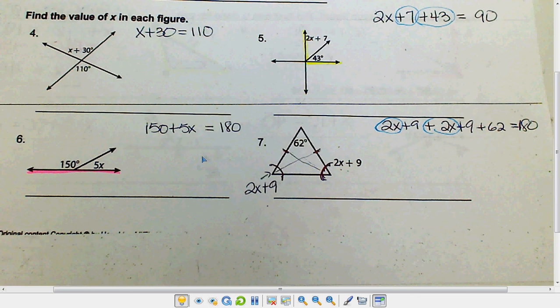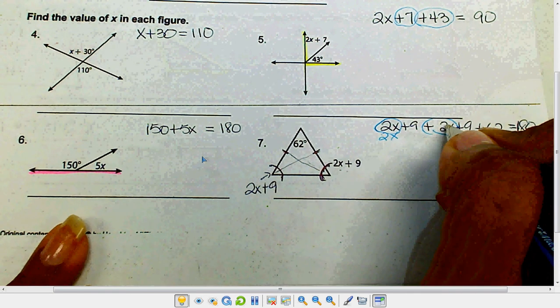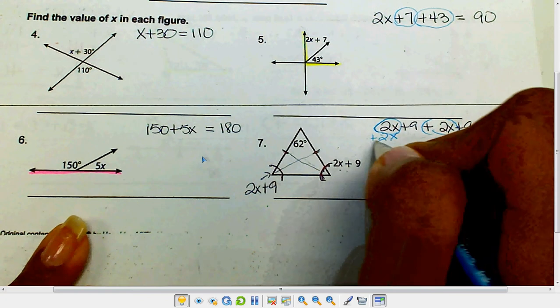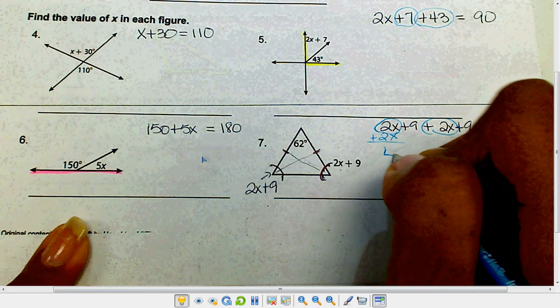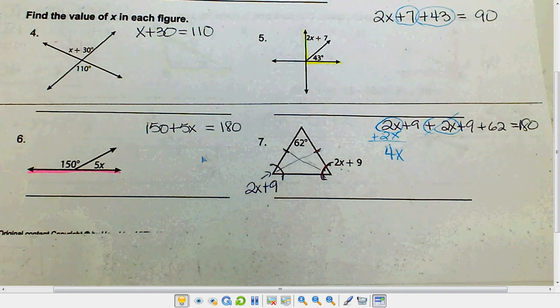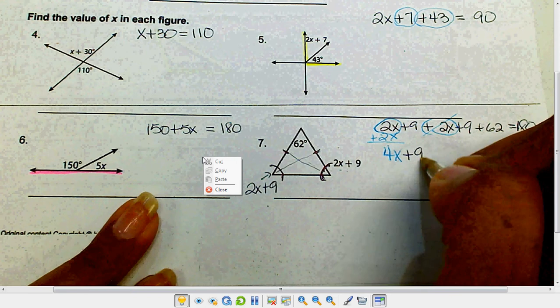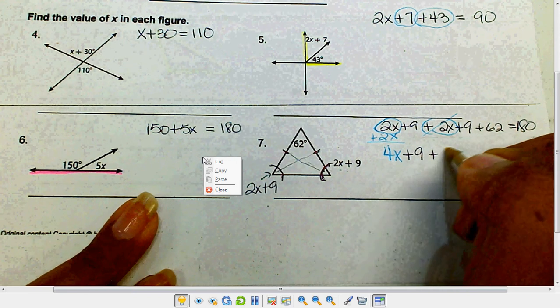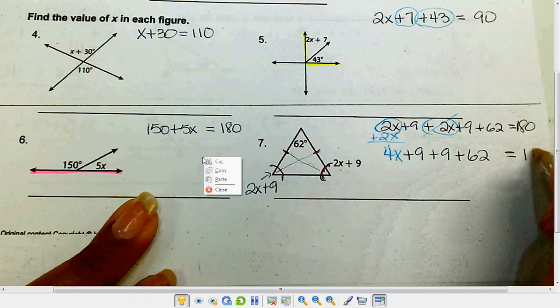So basically what I'm going to be doing is bringing this 2x right here over, and I'm going to add it to the other 2x. So I now have 2 plus 2, which is 4. Bring down the x, and that one's gone. Now bring the rest down. So I'm going to bring down this plus 9 that's in here. I'm going to bring down the next plus 9, bring down this plus 62, and it still equals 180.